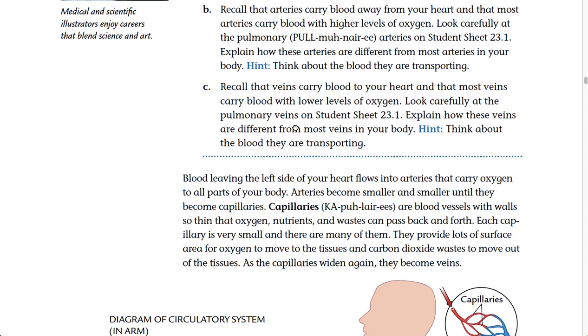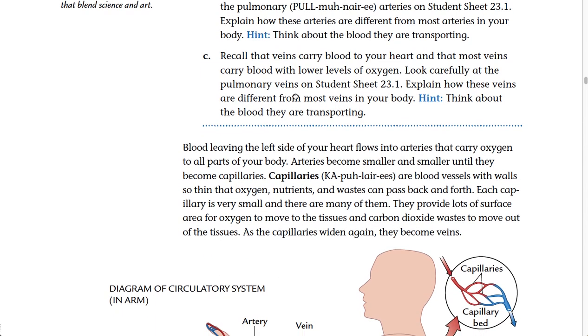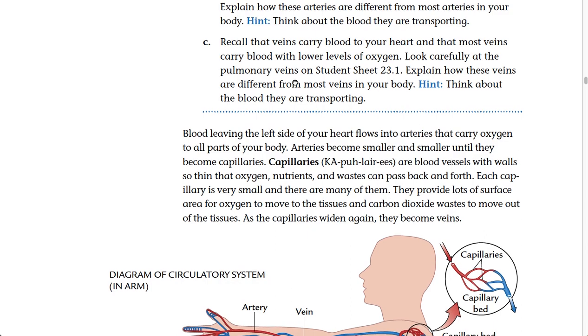Blood leaving the left side of your heart flows into arteries that carry oxygen to all parts of your body. Arteries become smaller and smaller until they become capillaries. Capillaries are blood vessels with walls so thin that oxygen, nutrients, and waste can pass back and forth. Each capillary is very small, and there are many of them.